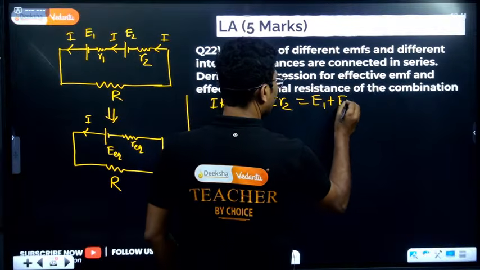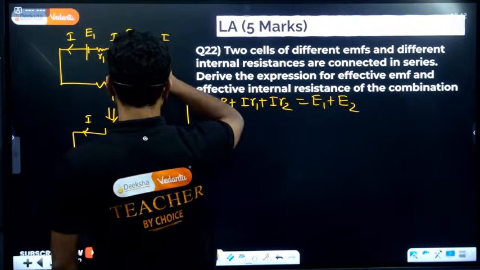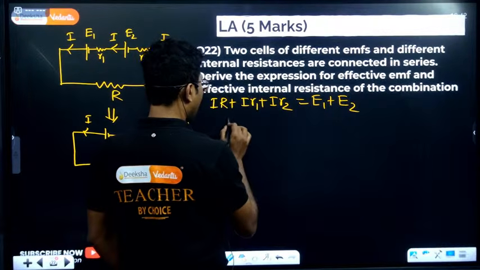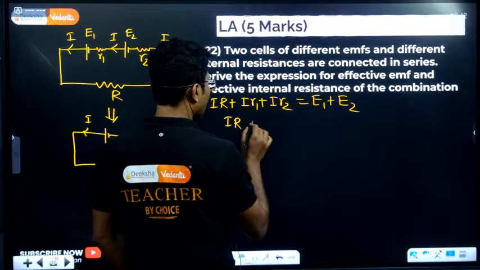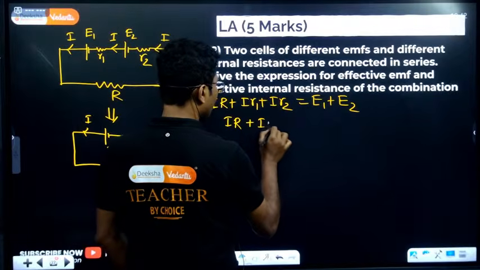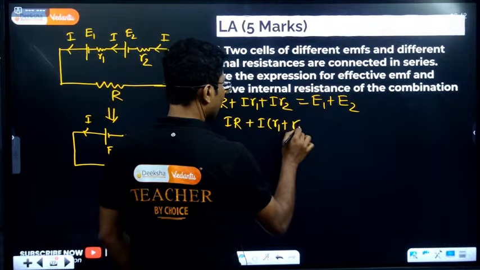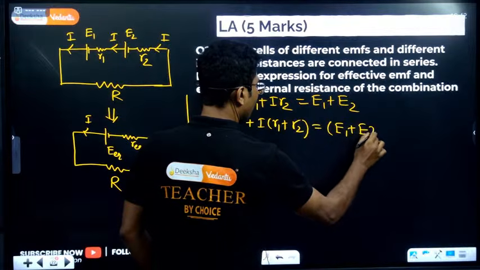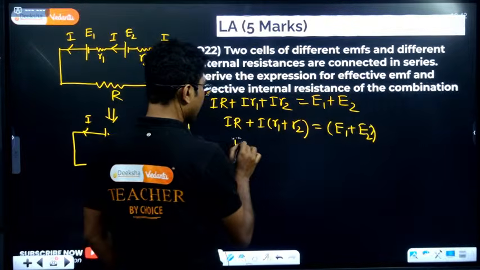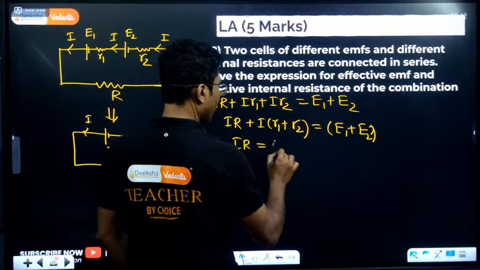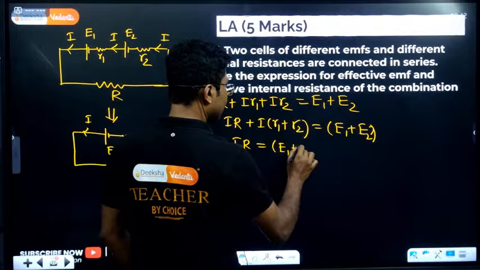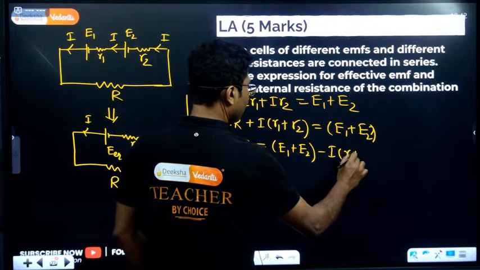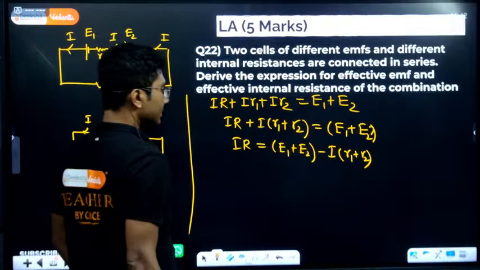Now both the cells are sending the current in the same direction, so they are getting added. So we get IR plus I into R1 plus R2 equals E1 plus E2, okay, or IR equals E1 plus E2 minus I into R1 plus R2, right? This is equation number 1.